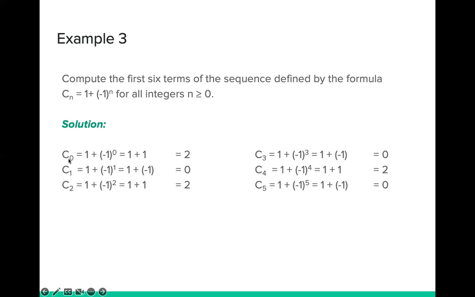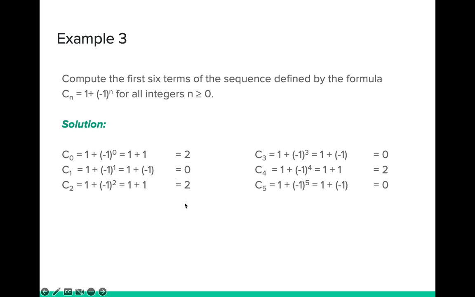Okay, so if n is equal to 0, then we have 1 plus negative 1 raised to 0, and that will give us a 2. And if n is equal to 1, then we have 1 plus negative 1 raised to 1 equals 0.